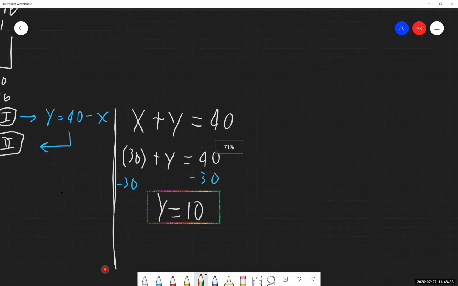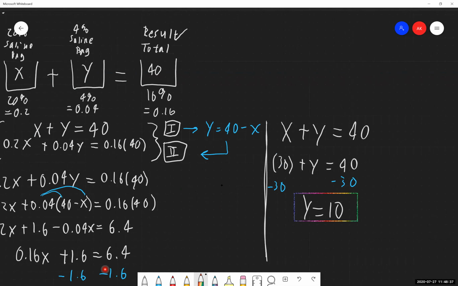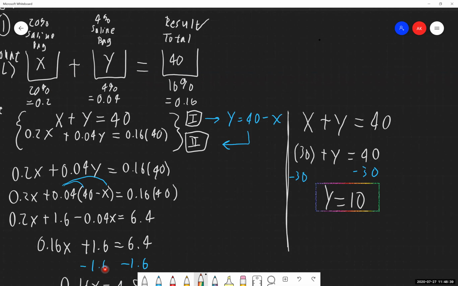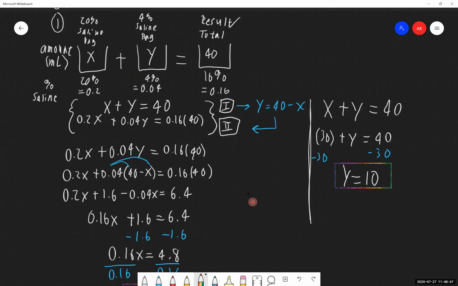So how much of each saline type are we going to be using? We're going to have 30 milliliters of the 20%. Trying to get this all in here in one picture. Don't know if it's going to work as well.